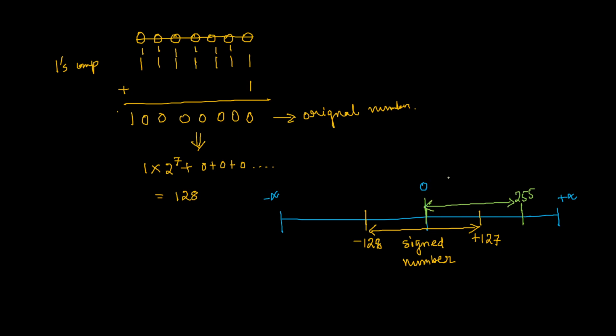This is for unsigned number. If you find what is the difference between this, you will see they are same. What happened? The frame has been shifted from minus 128 to 0. That's why the maximum value has also been shifted. That is the difference.